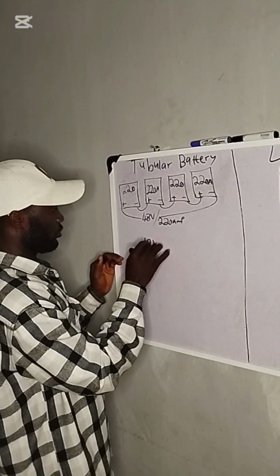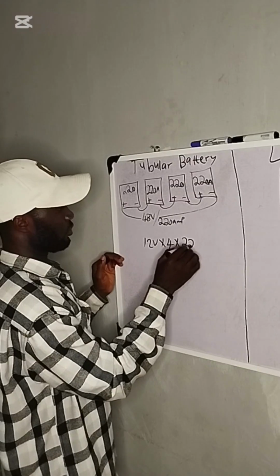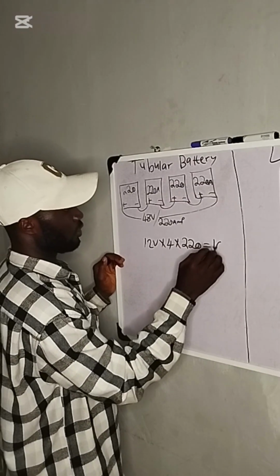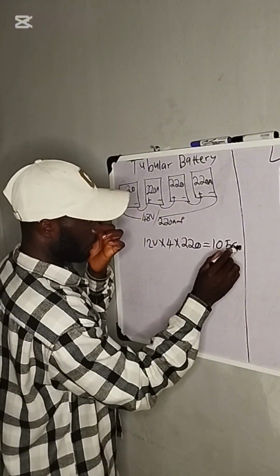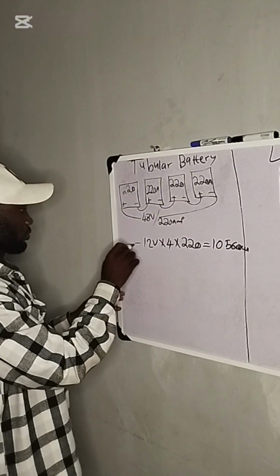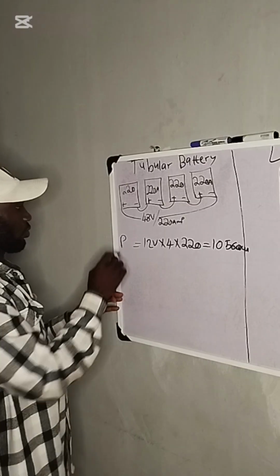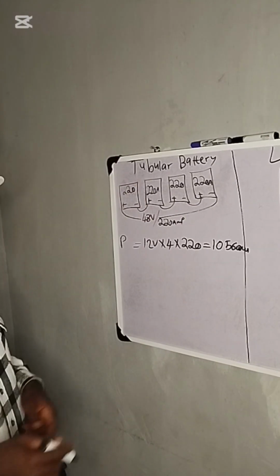It is 12 volts times 4 times 220, which gives you 10,560 watts. So this will give you the total voltage of these 4 batteries.